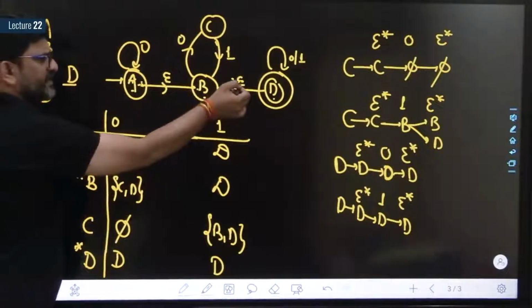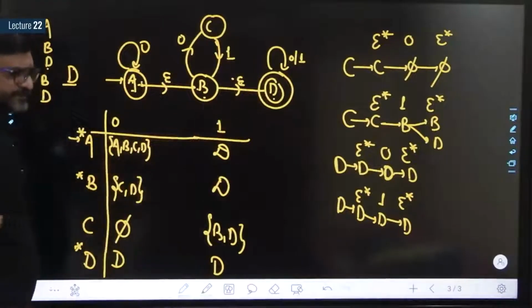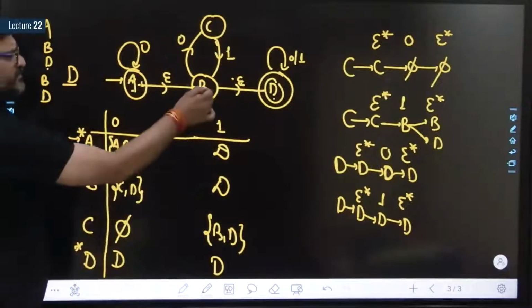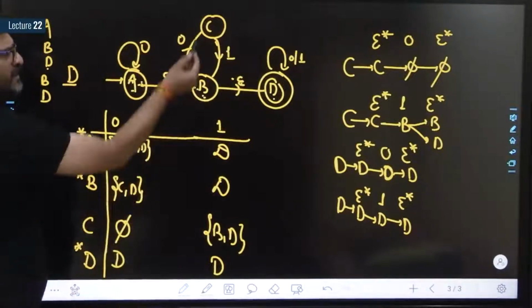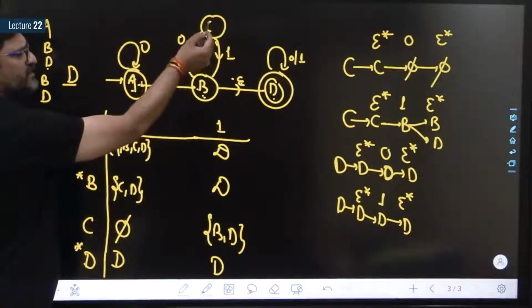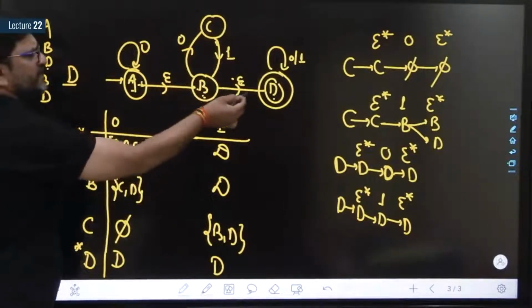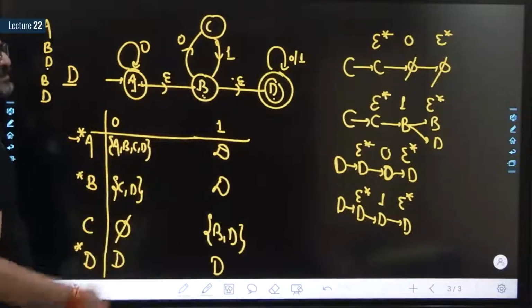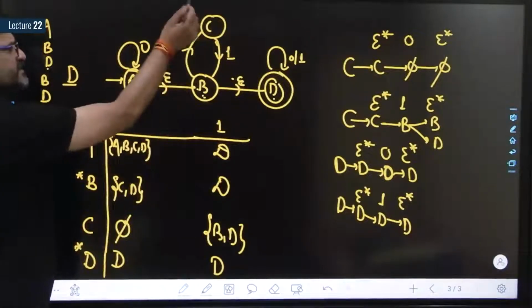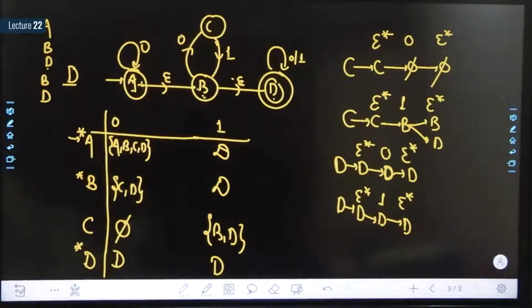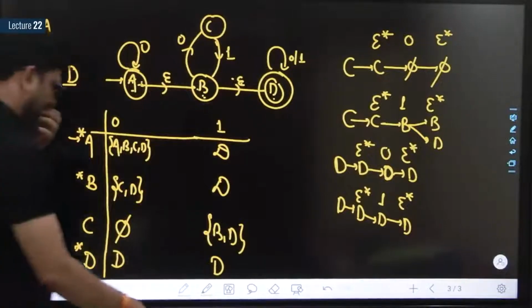On B, seeing epsilon goes into the final state, that's why B is a final state. On C, we cannot see epsilon and directly go into the final states, that's why C is a non-final state. Clear?